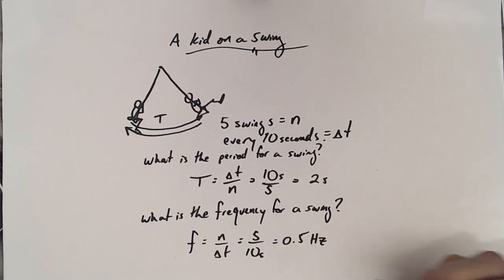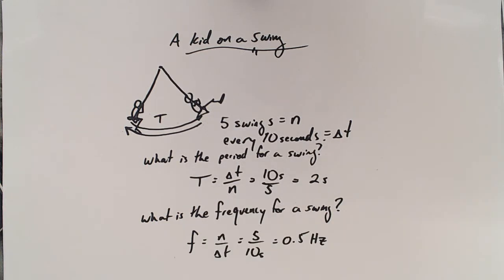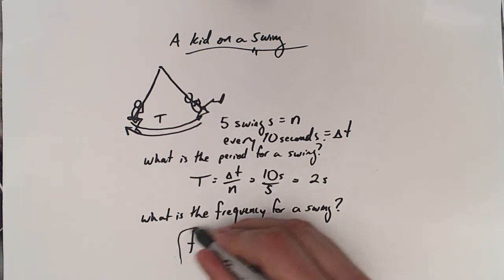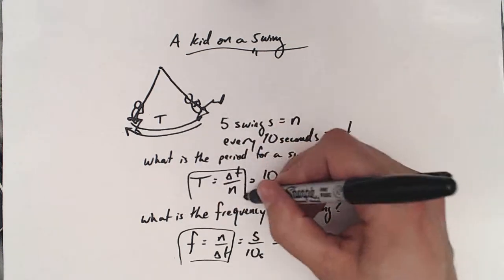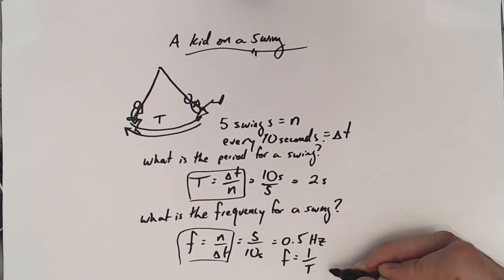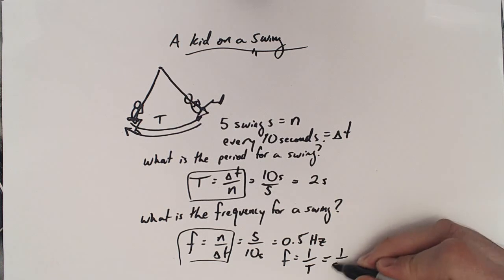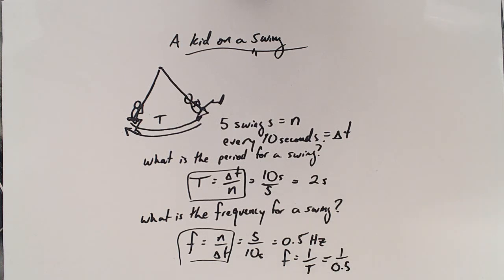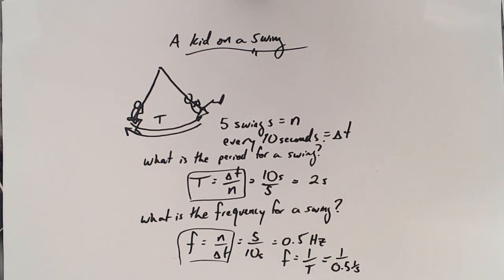We got 0.5 hertz, 2 seconds period, frequency 0.5 hertz. This is a fine way to figure it out, but an equally fine way, if I've already done this calculation, is to say that frequency is equal to 1 over period, which would be the same as saying 1 divided by 0.5, and this time I'm not going to write it as hertz, just to emphasize my point, I'm going to write it as 1 over seconds.